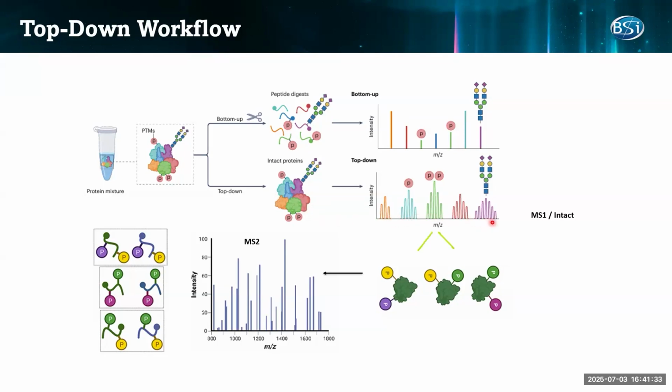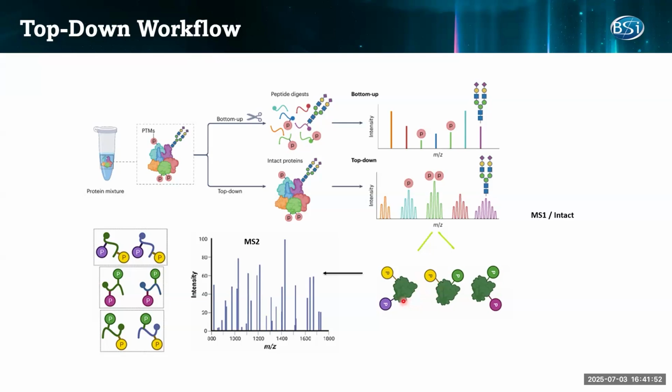If we deconvolute those, we will get the intact mass for each proteoform. And here, because of the surface scale, very often we get a mass value, and it may contain different forms.